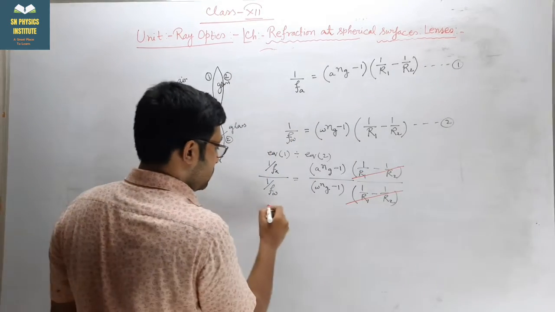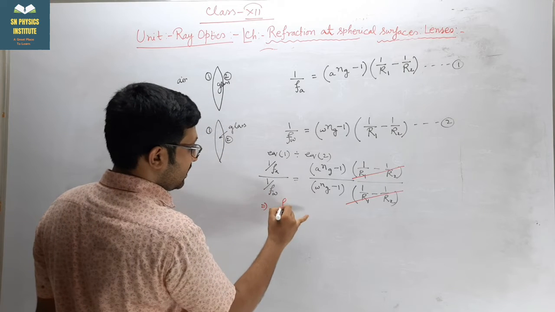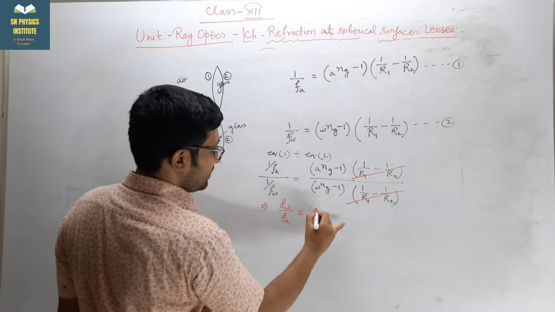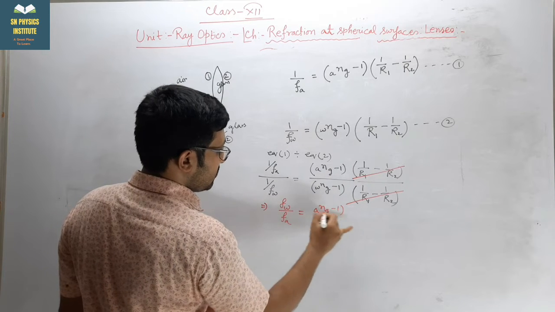So you are getting Fw by Fa is equal to aNg minus 1 by wNg minus 1.